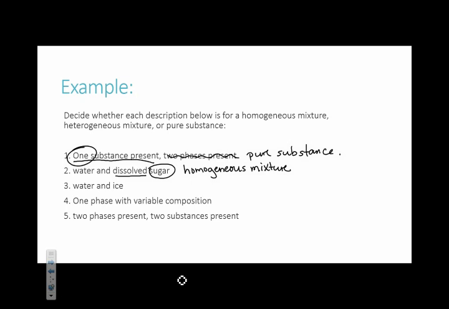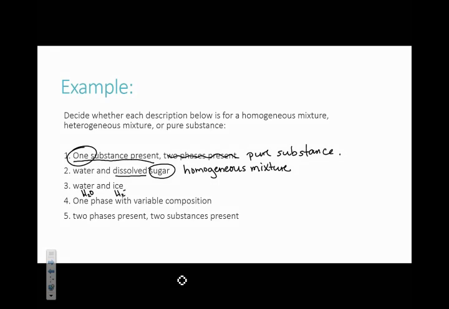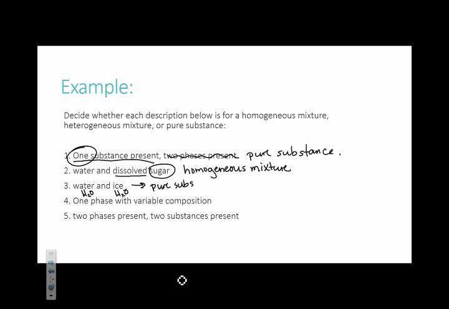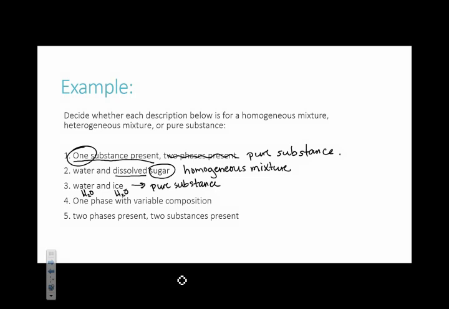Water and ice. Well, water is H2O, and ice is H2O, just in the solid form. So this is really a compound and a pure substance, present in two different phases.